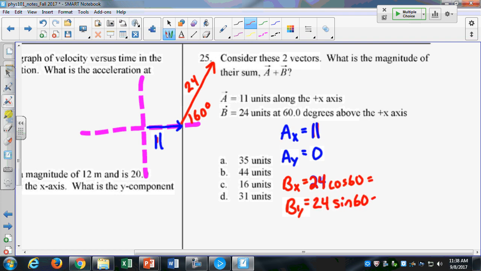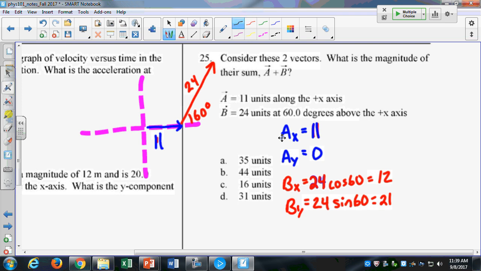Y'all know what those are? What's the first one? Oh, it's 12, right. What's the next one? 20. I'm just going to call it 21, okay? So that's my BX and BY.